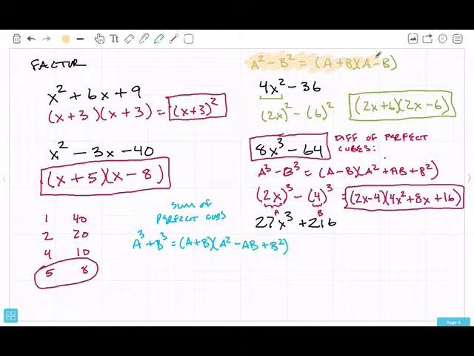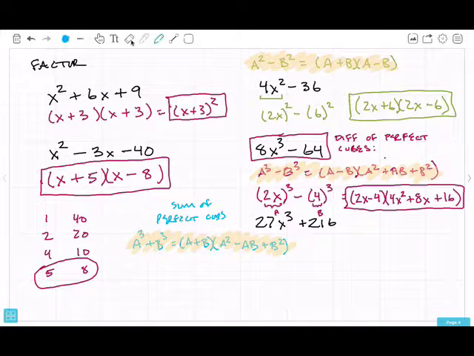A to the third minus b to the third: notice that it's a minus b to start and then pluses the rest of the way when it's minus. A to the third plus b to the third: it's a plus b and then a squared minus ab plus b squared. You figure out what the puzzle pieces are, you put them right in, just like Legos.